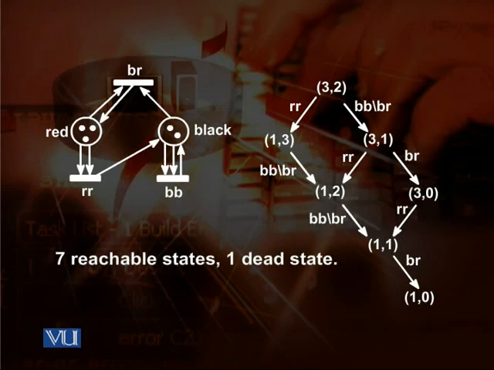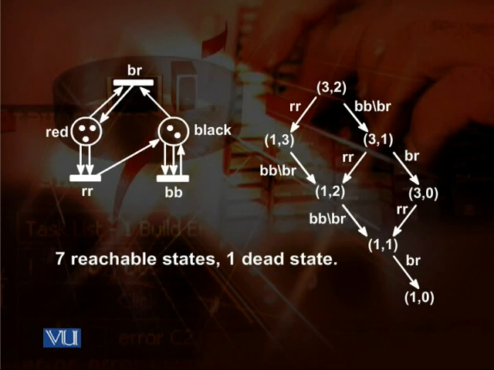If we were in state 3-1, we could fire RR or BR, but we could not fire BB because that requires 2 tokens in the black place. When we fire RR, we end up in state 1-2, and if we fire BR, we end up in state 3-0.